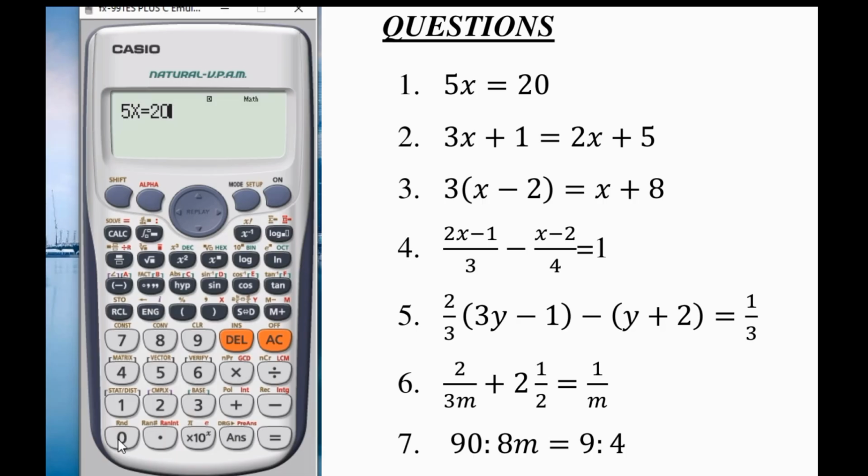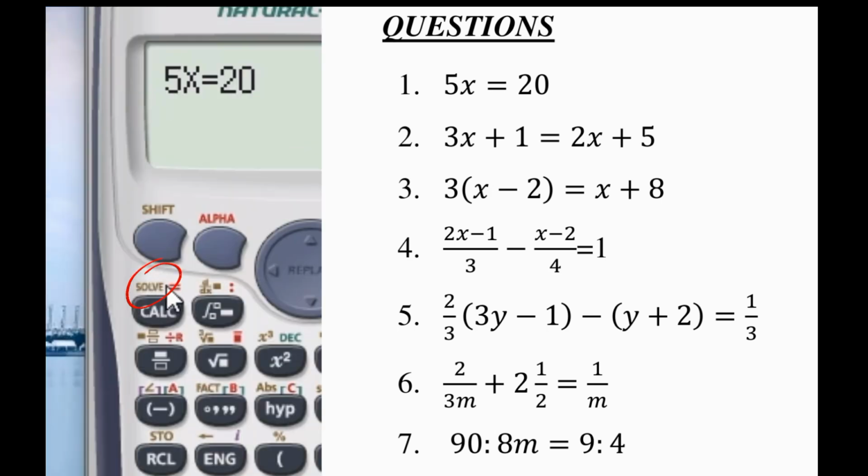What we have to do next is to ask the calculator to solve for the unknown variable in this particular equation. And how do we do that? When we check on top of the CALC, we have a particular button called solve. If you want to activate that solve, we have to use the combination shift and CALC.